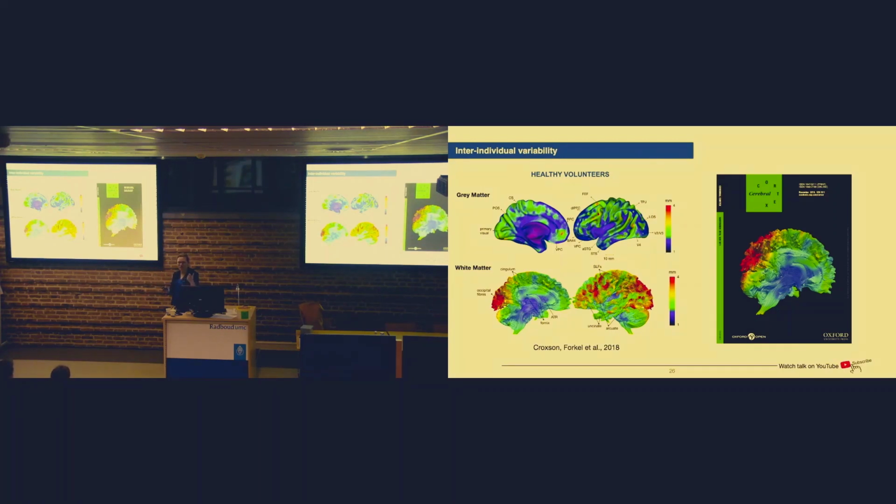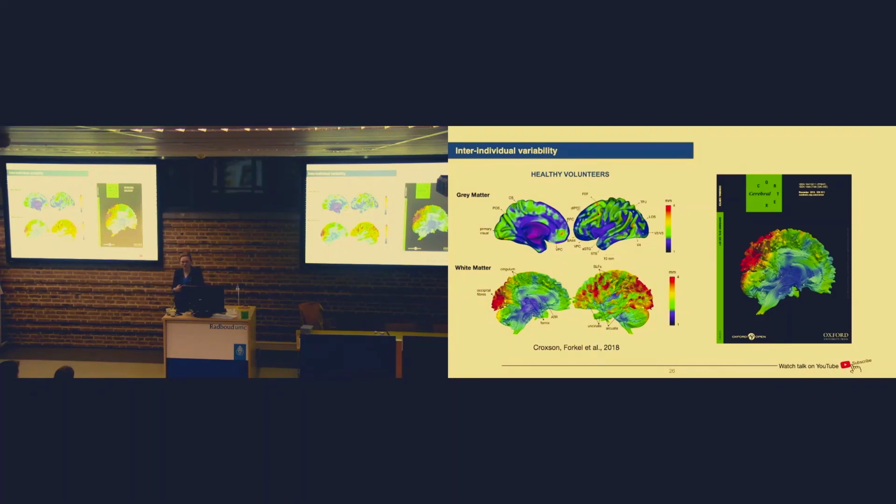We have functional, resting state, diffusion imaging, classical T1, T2 images, so that you can do a lot of analysis. One of them that we did here was using the T1 images to look at the gray matter variability and the diffusion images to look at the white matter variability. But as I said, this is the group level. So this is, on average across the population, how variable different parts of the brain are.